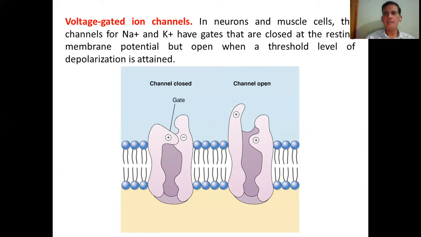That is the threshold amount of force. It is not that somebody just touches it without applying strong force and it starts moving. That level of force which could move the vehicle is known as the threshold force. Similarly here also, until a threshold level of charge or potential is attained, these voltage gated channels will not open.